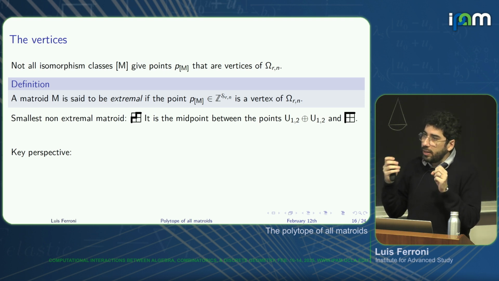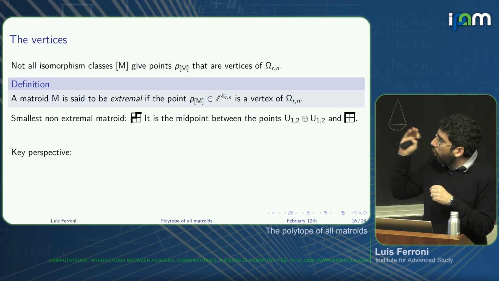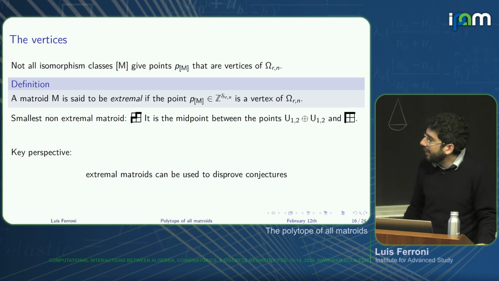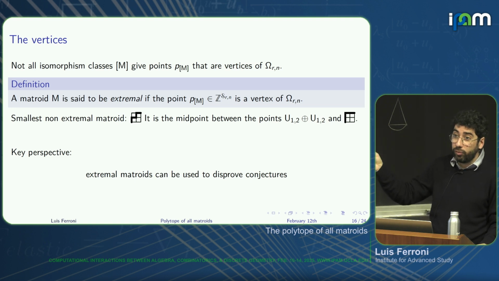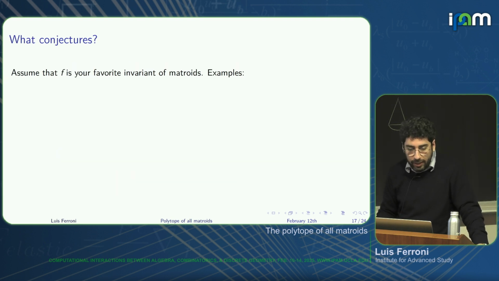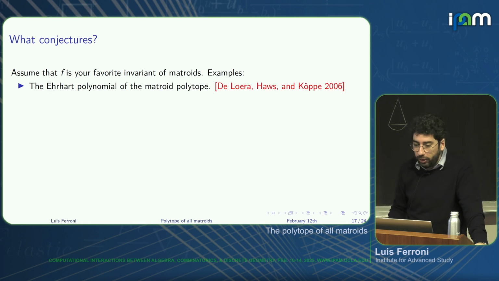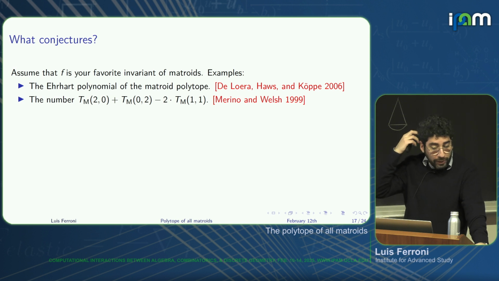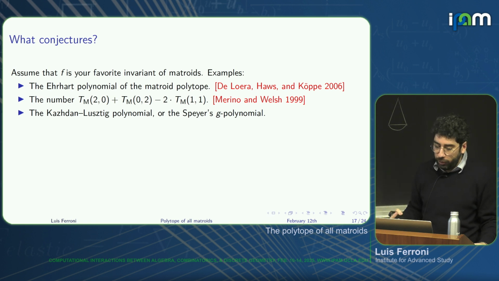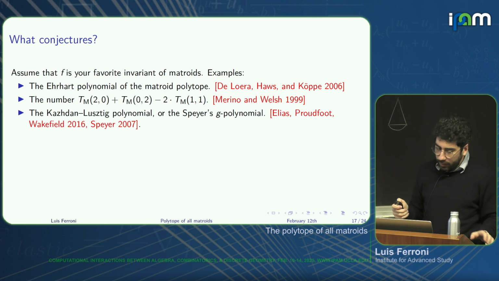Let me tell you one reason why this polytope, omega Rn, is in a sense a fundamental object to look at. Extremal matroids can be used to disprove conjectures. What type of conjectures? Let me argue about that. Let's assume that F is your favorite valuative invariant of matroids. For instance, you can think of the Ehrhart polynomial of the matroid polytope, or a quantity defined in terms of the Tutte polynomial, or the Kazhdan-Lusztig polynomial of a matroid, or the Speyer g-polynomial, if you know what those are.